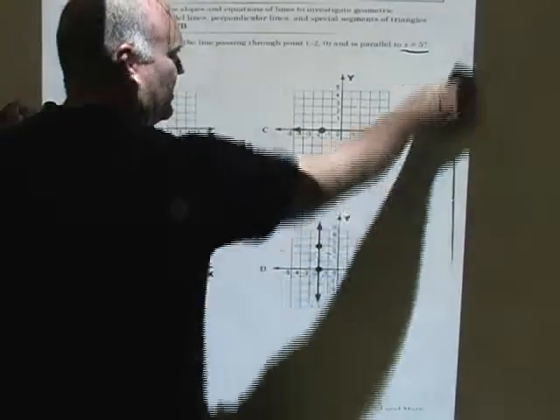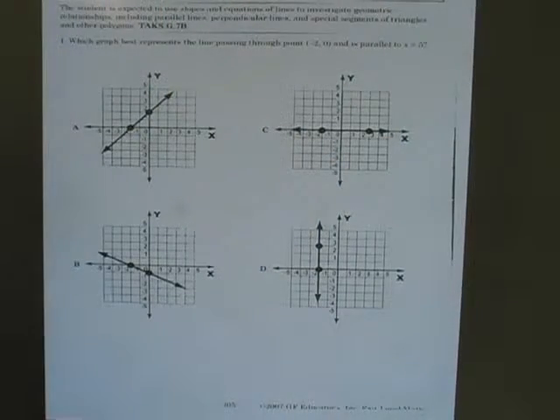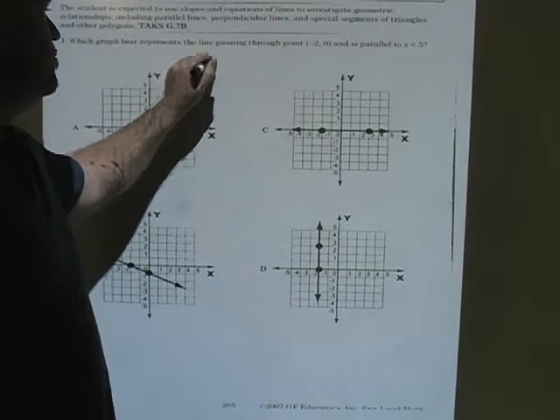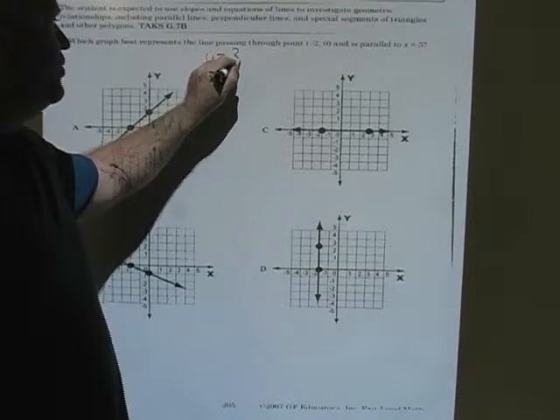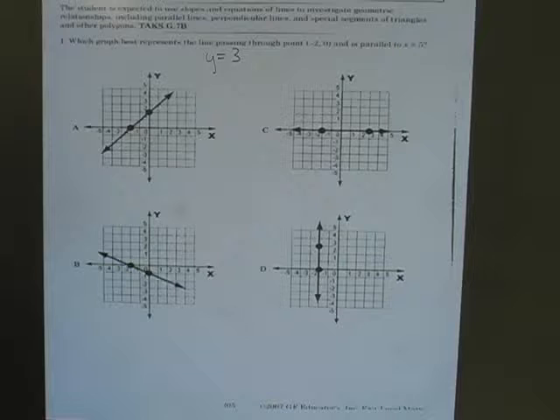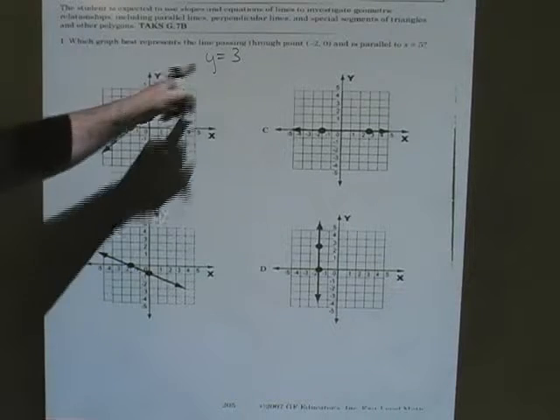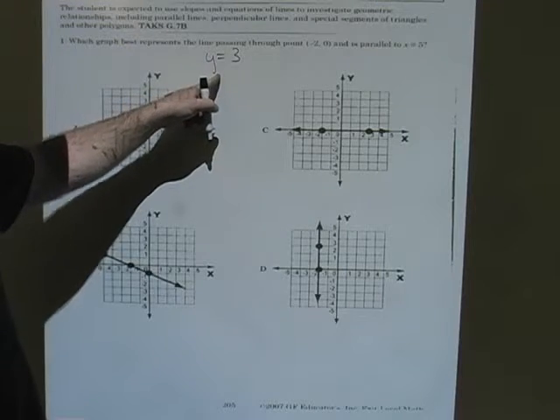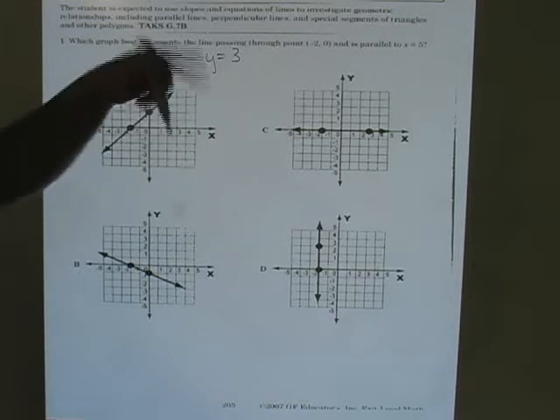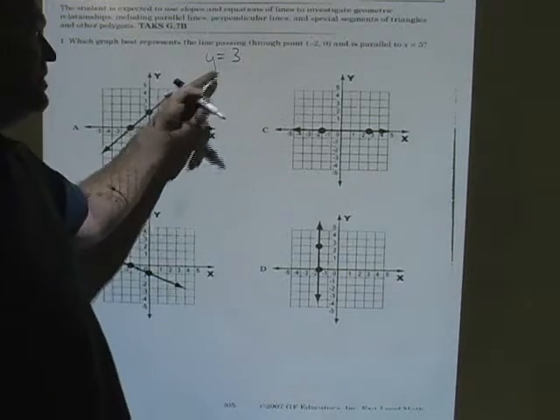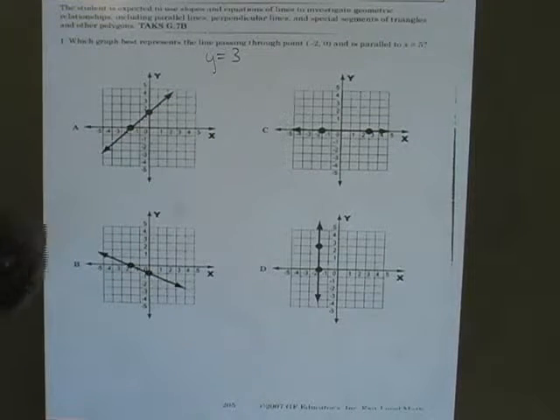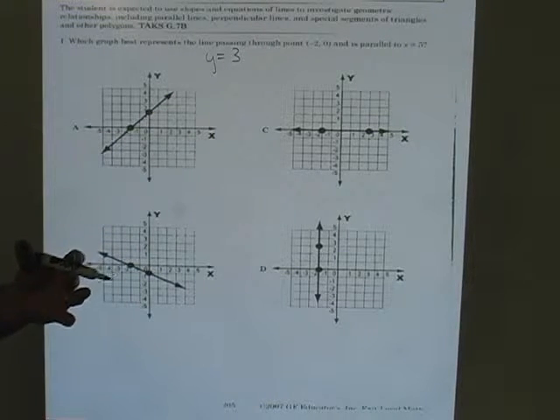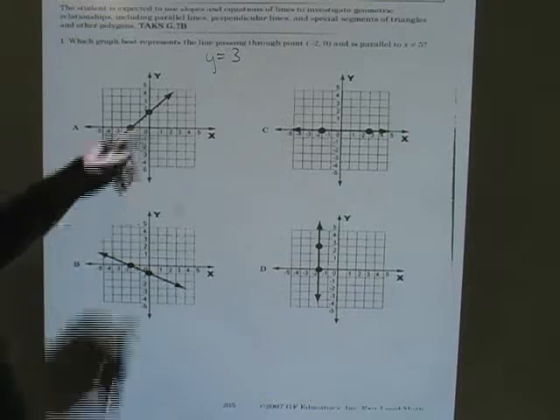So while we're talking about this, if you had a line that was y equals 3, where would that line be? Well, it's exactly what it says. And this one you can actually plug into your calculator. You just go to y equals and you put in 3 and you graph it. But in this case, instead of a vertical line, you're going to get a horizontal line.